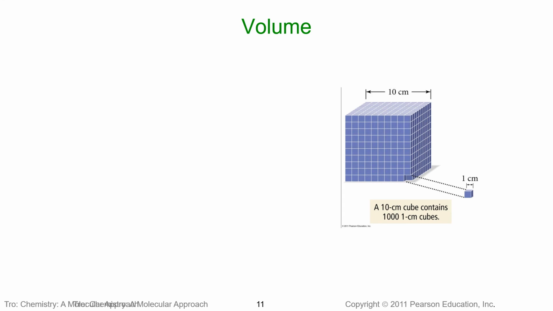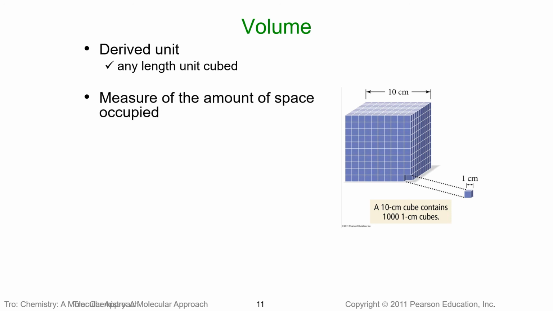Volume is a derived unit. It is any length measurement cubed. It tells us about the amount of space something occupies, and we're pretty familiar with volume. We deal with it on a regular basis. We can measure liquid volumes and solid volumes.